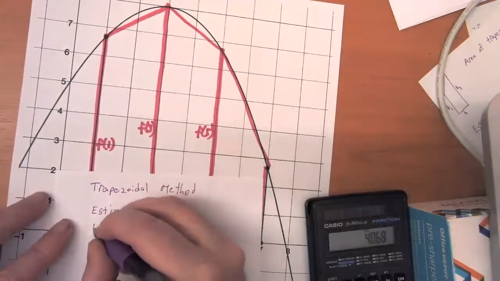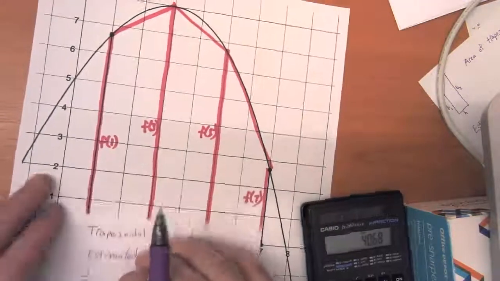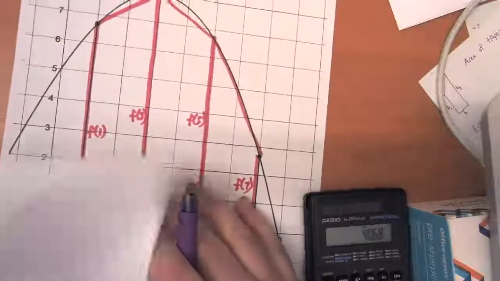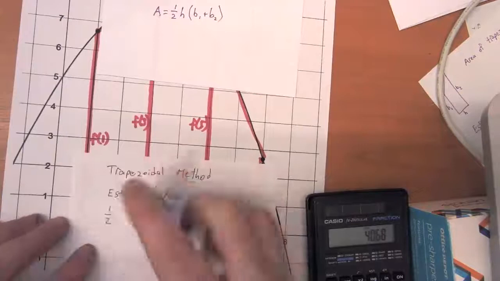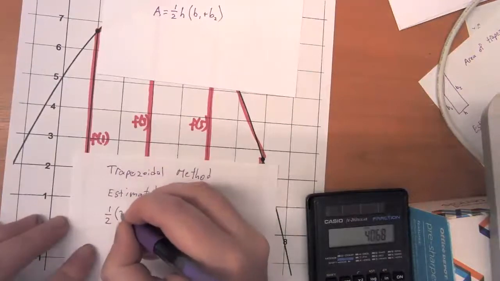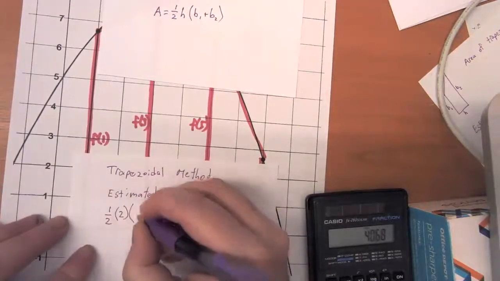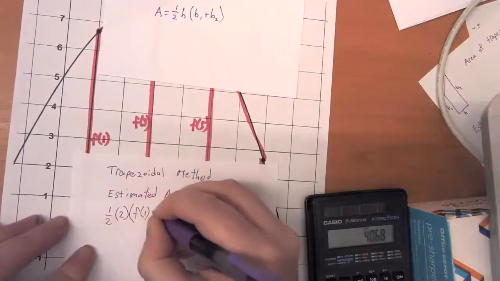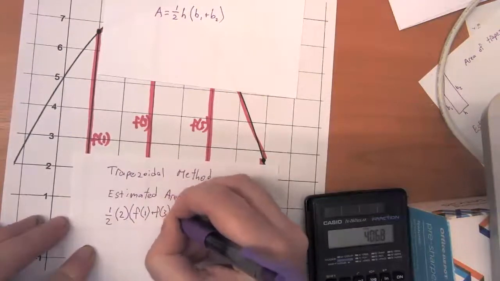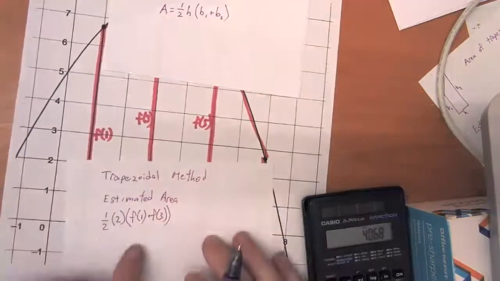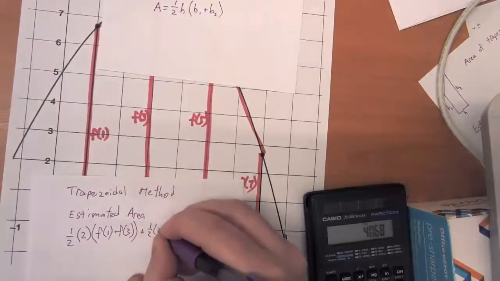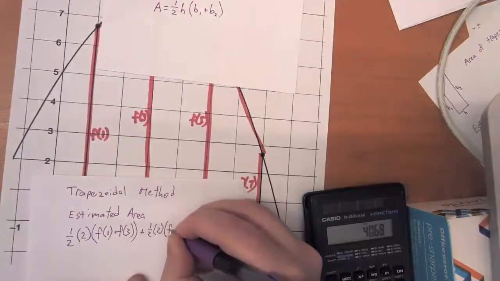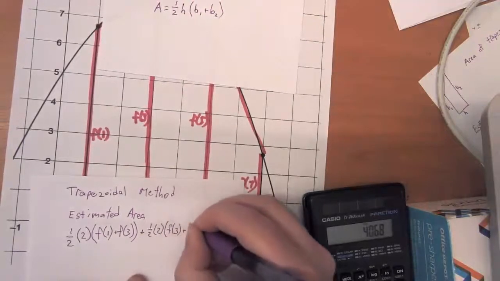All right, so the first was 1/2. Remember, 1/2 is part of the formula, times the height, which is kind of the width when we've got it twisted like this, and then f of 1 plus f of 3. That's the area of the first trapezoid. The area of the second trapezoid is 1/2 times 2 times f of 3 plus f of 5.